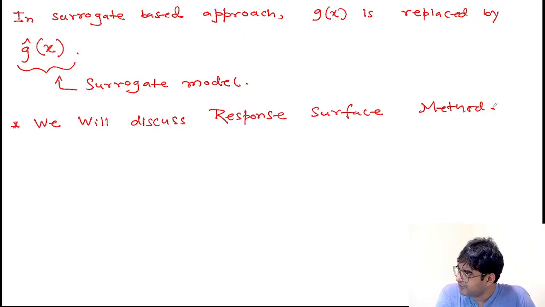Now in response surface method, what is response surface method? Originally when the term response surface method was proposed, it essentially meant polynomial regression. But then as the literature evolved, people started using response surface method, and rightly so, as a synonym to surrogate model.